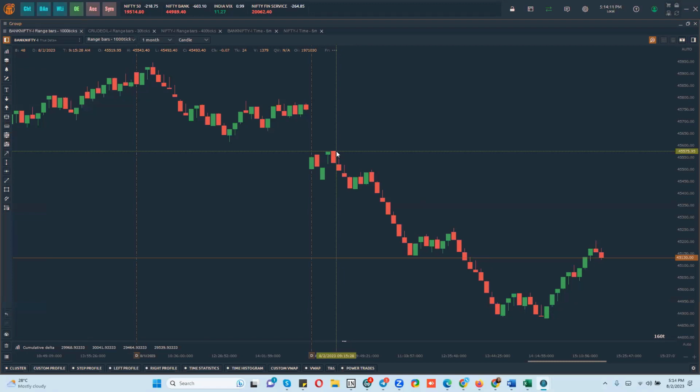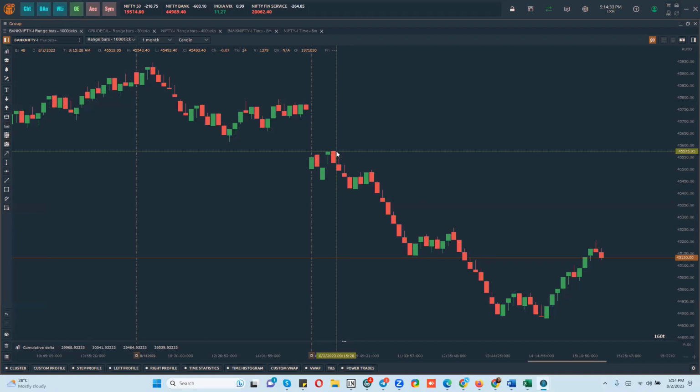There is no hard and fast rule. You can divide by 5, 10, or 20. It's entirely up to you. I've just taken it as the ATR value divided by 10. So if the ATR is about 500 points of movement in a day, I divide that by 10 and get 50 points.